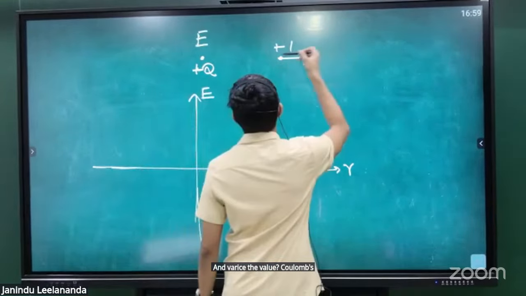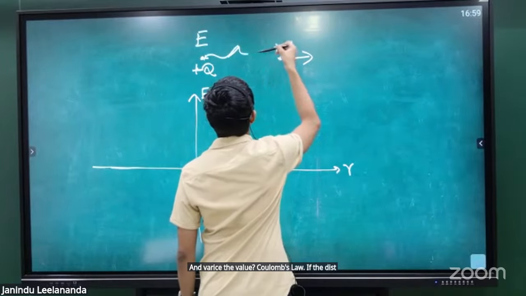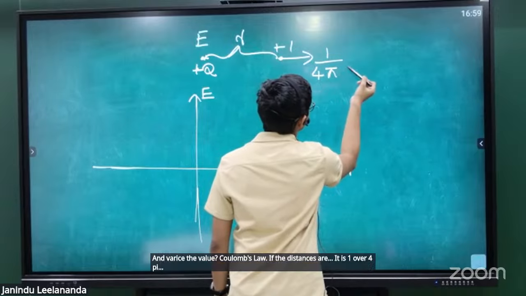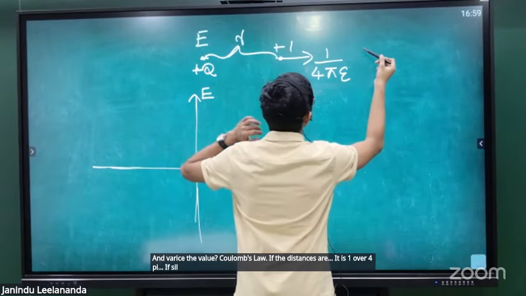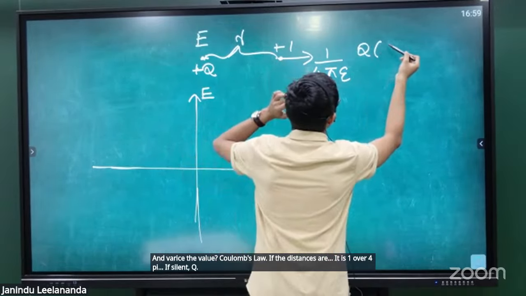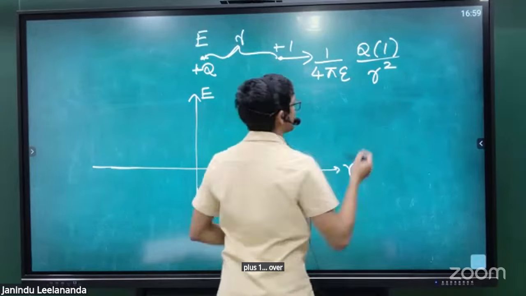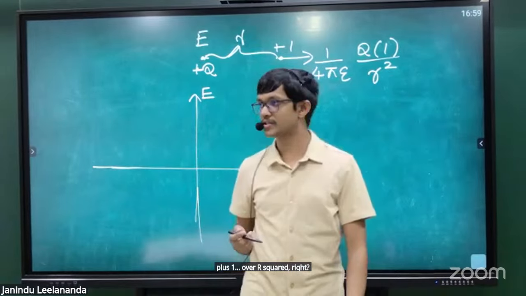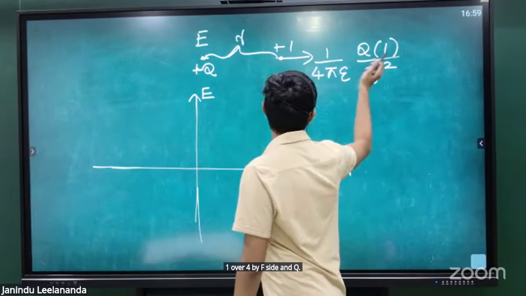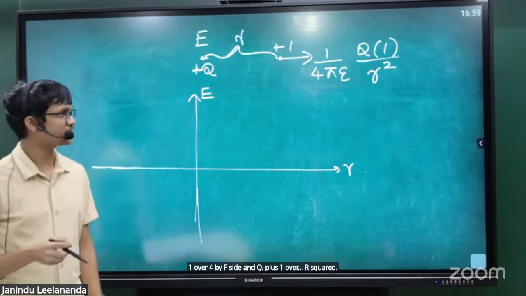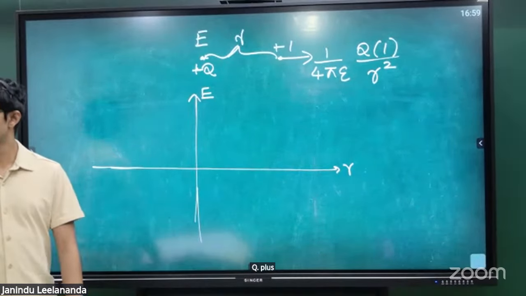By Coulomb's law, if the distance is r, it is 1 over 4 pi epsilon times Q times 1 over r squared.